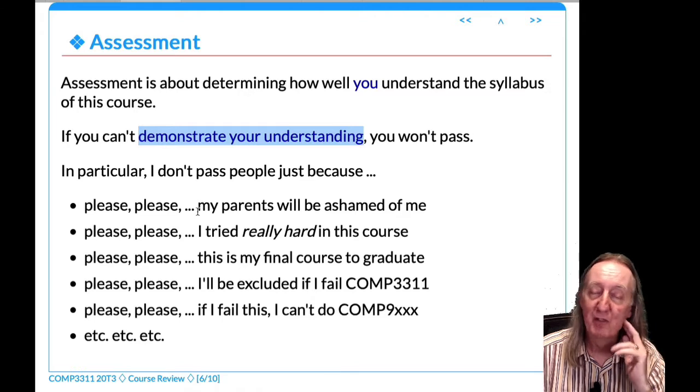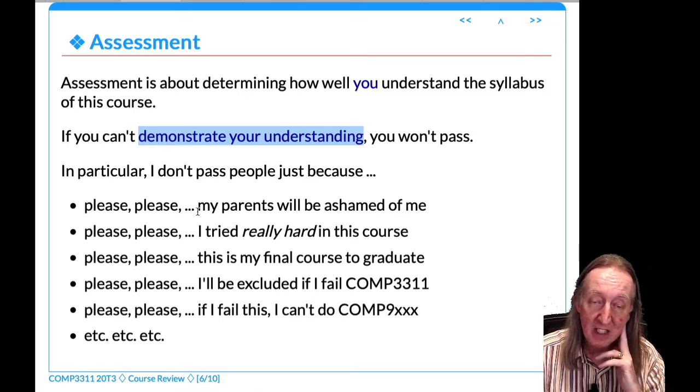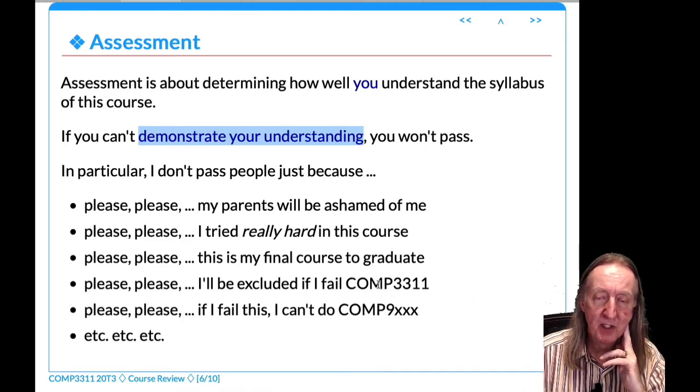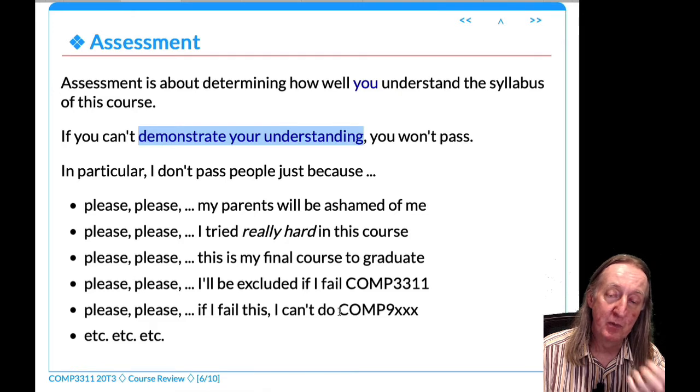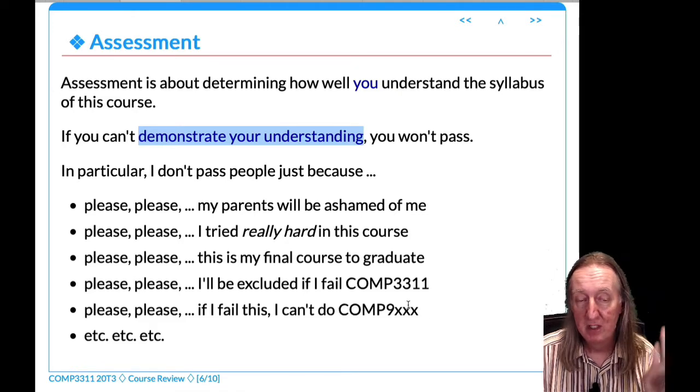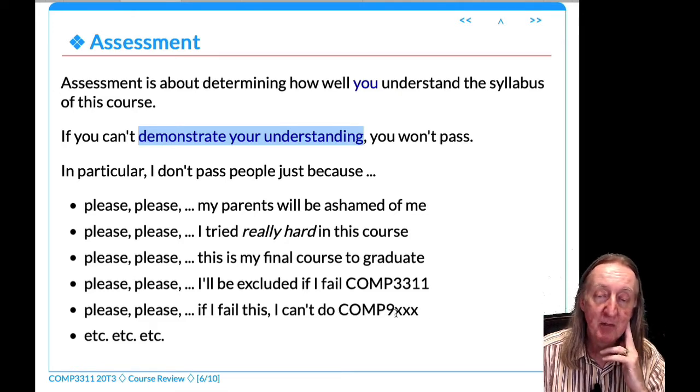And I've heard all of these over and over again over the years, most of which are things that happen outside COMP3311 and aren't my problem to fix. So if you fail 3311 and that prevents you from doing some later course, you should have passed 3311 is the obvious solution.